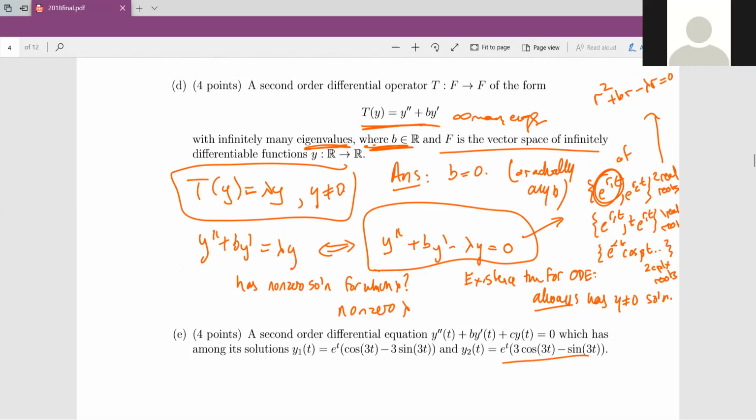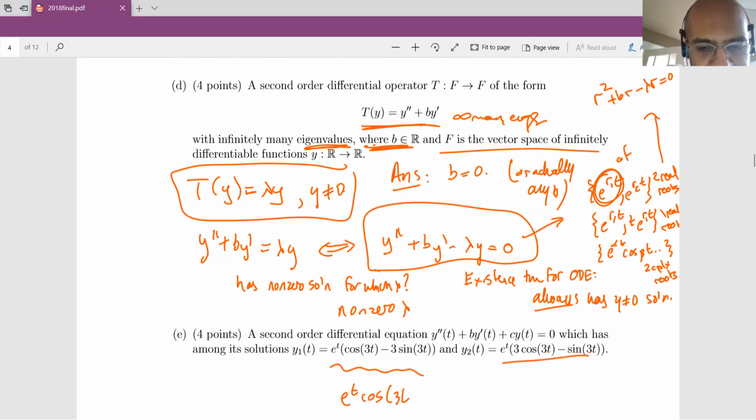Two complex roots. So these are both linear combinations of two of these exponential times trigonometric functions, right? What are those two functions? Well, e to the t cosine 3t. And what's the other one? e to the t sine of 3t. Yeah. So this is the first tricky step in the question.